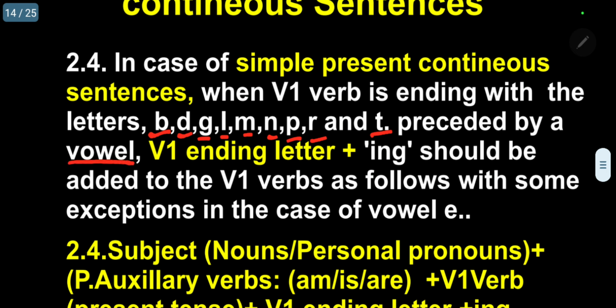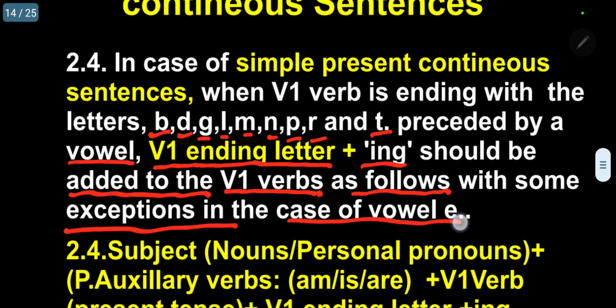The previous one we said consonant, but here it is preceded by a vowel. Then, for the V1 ending letter, we have to add the letter plus ing to the V1 verbs as follows.